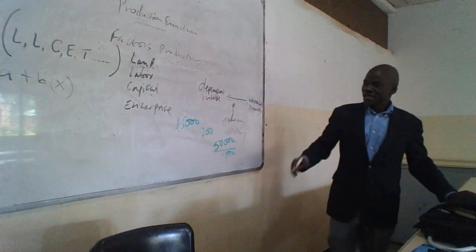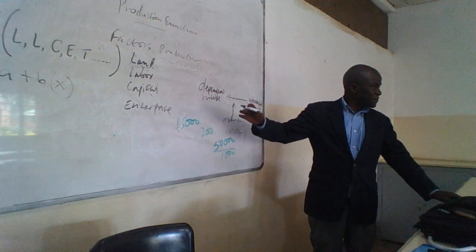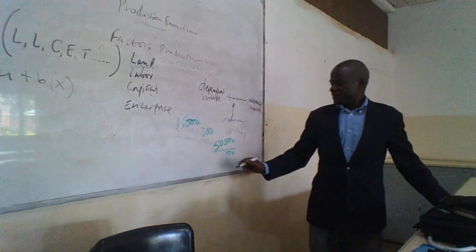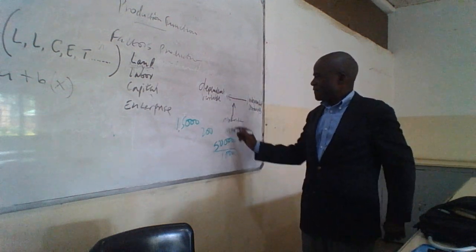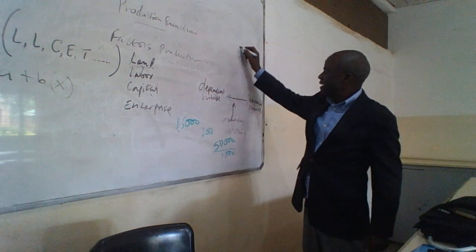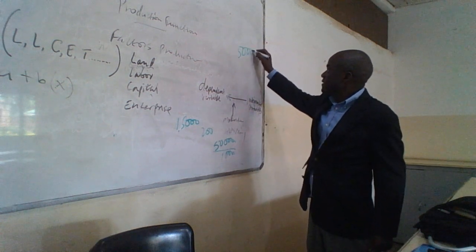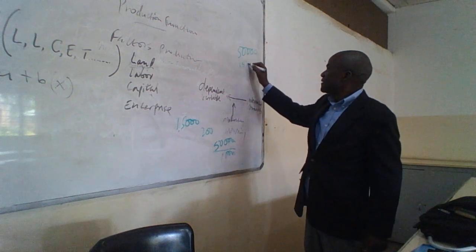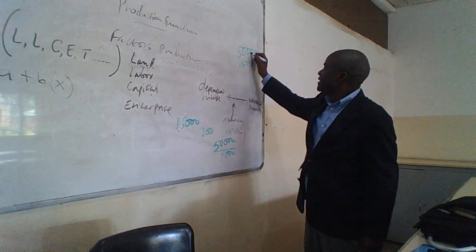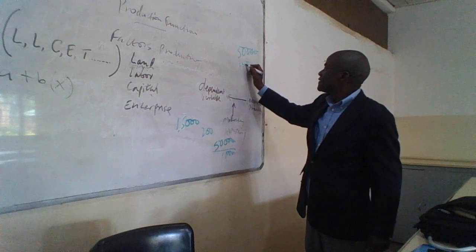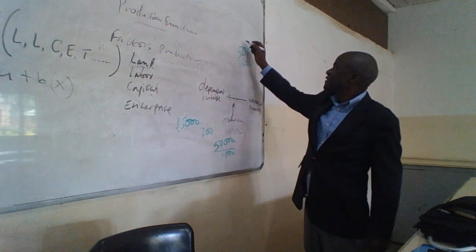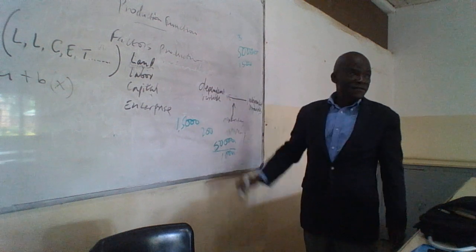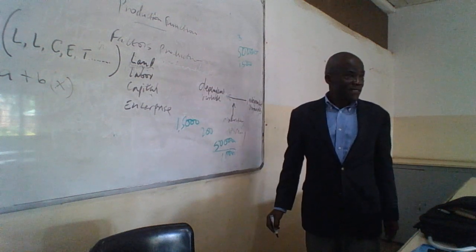So by going up in scale, now your cost per chicken is less. 15 into this, that's 3, 45, right?